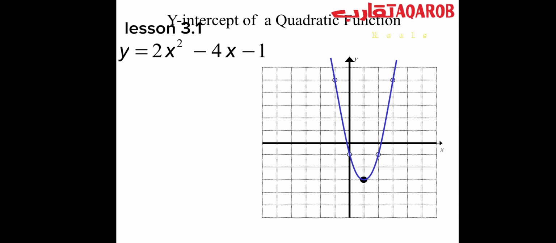If there is no c, no constant, the intersection will be 0, so the graph will pass through the origin. Then find the reflection of the y-intercept point on the other side according to the axis of symmetry. This is all we need to graph a quadratic function.